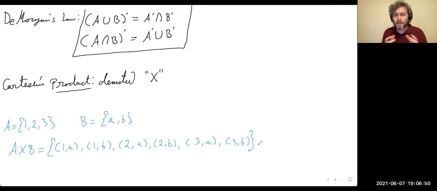Well, that's kind of what this is. Order does not necessarily matter, but I tried to put it in some type of order so it's easier to look at. But this is what the product of the two sets would look like.